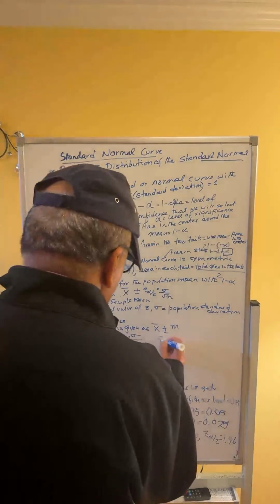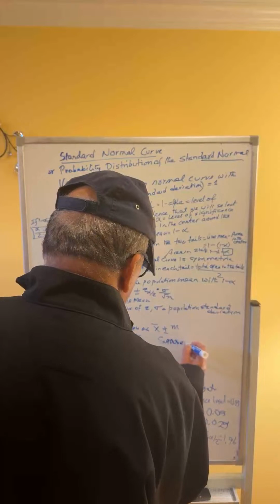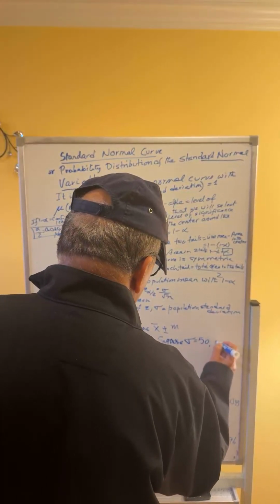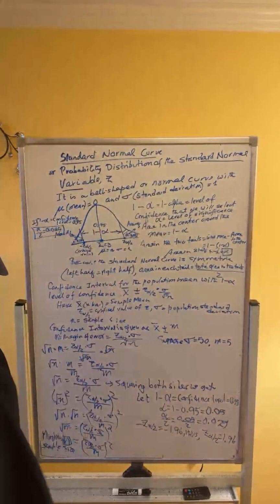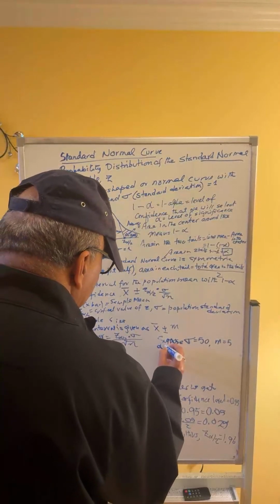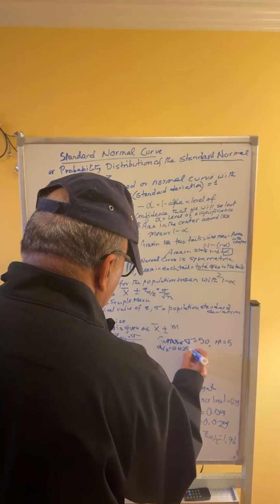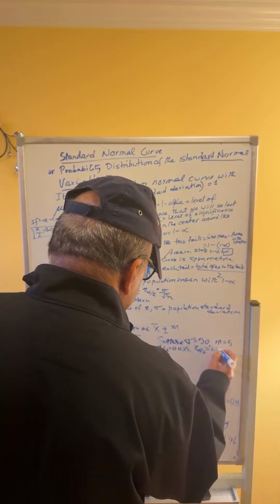Suppose sigma is equal to 50 and the margin of error is equal to 5. Alpha by 2 is 0.025 and z alpha by 2 is 1.96.